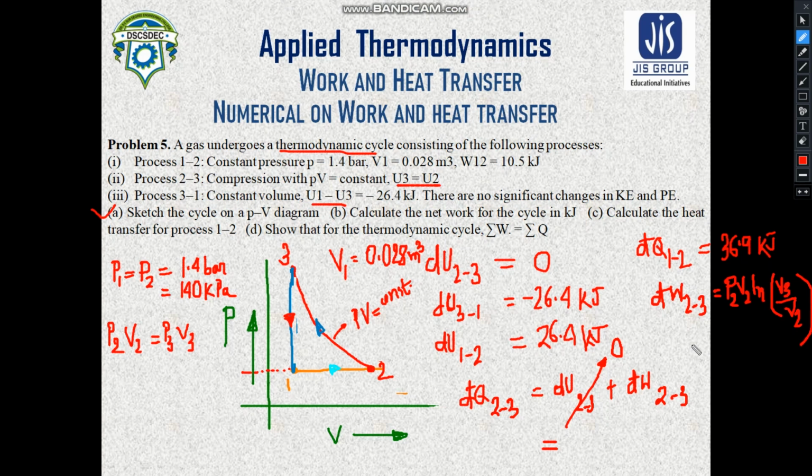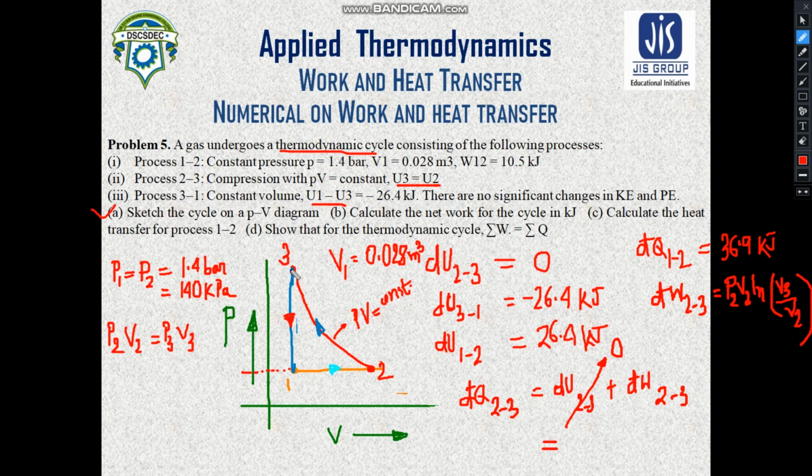You can see that the work done for the process 2 to 3 is given by this formula: p2 v2 ln v3 by v2. Now as we have written the formula, the question comes, do we have all the information? We know the value of P2, which is 140 kilopascal, but we don't know the value of V2.